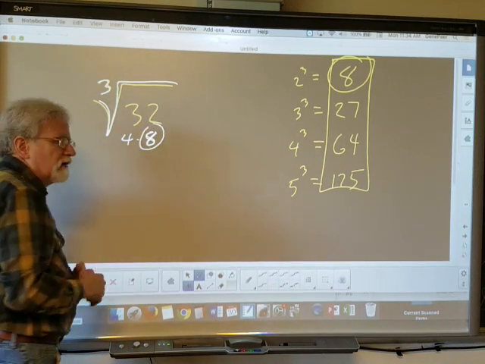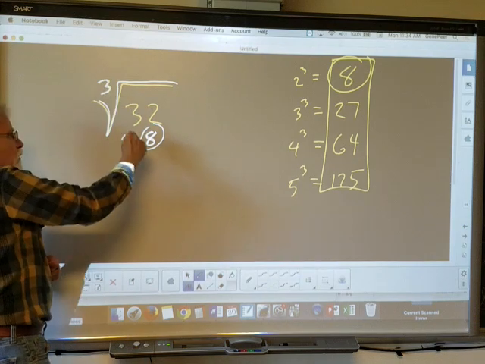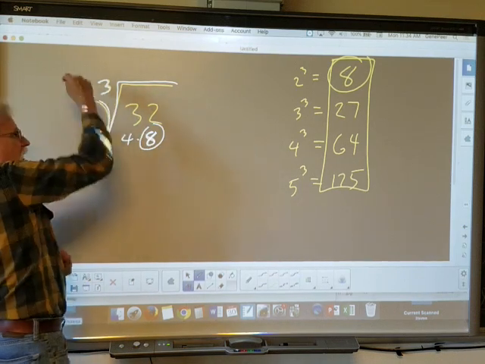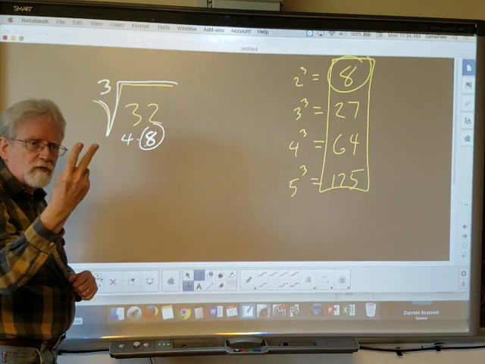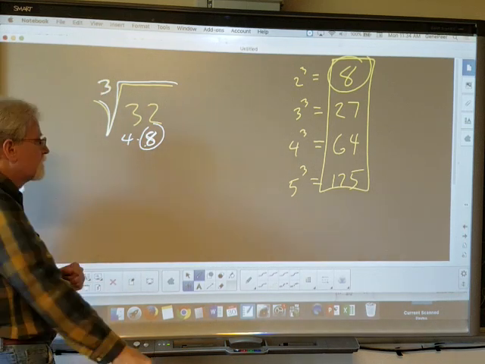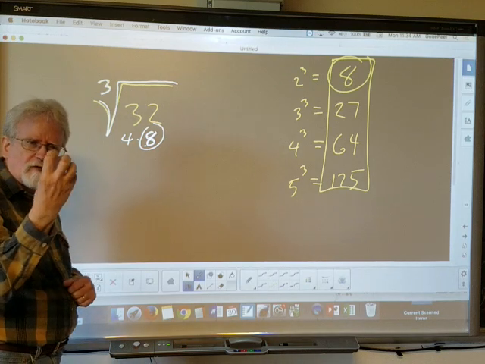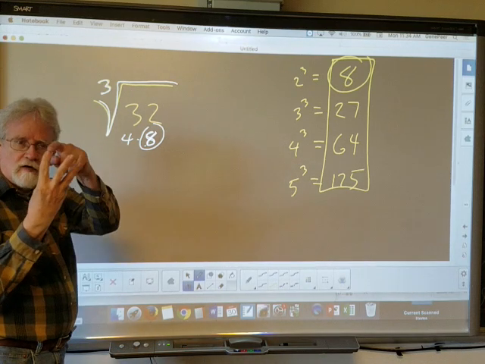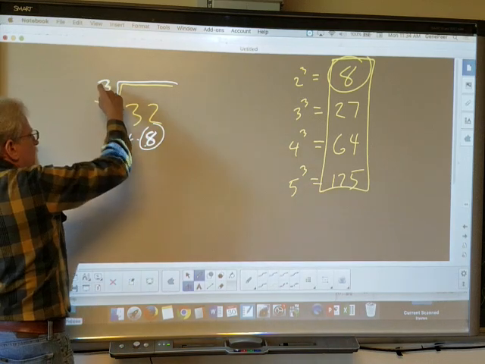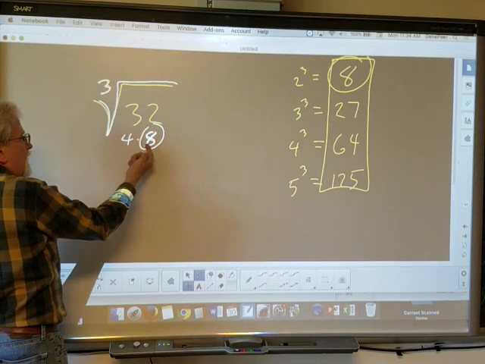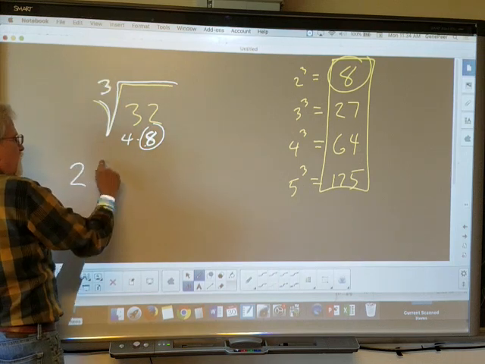Because we know the cubed root of 8, the 8 can pop out. What is the cubed root of 8? 2 times 2 times 2. It's 2. That feels funny, doing this and saying, it's 2. So the cubed root of 8 is 2. 8 pops out, becomes a 2.